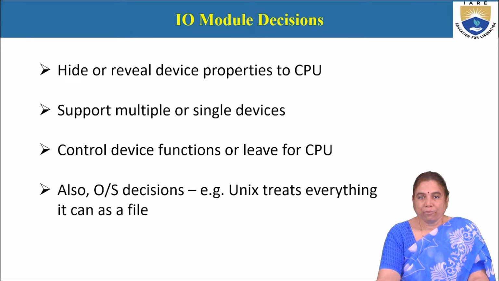So here the IO module can take decisions regarding whether to display or hide the device properties, and how to support whether it is a single bus organization or multiple bus organization. The communication path between the functional units can be achieved with the help of buses.